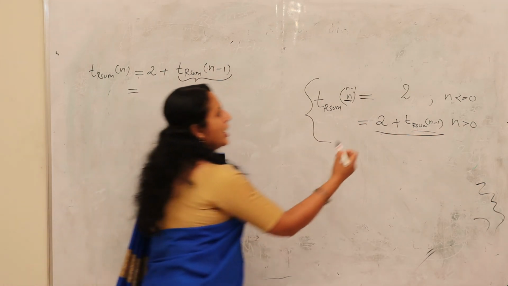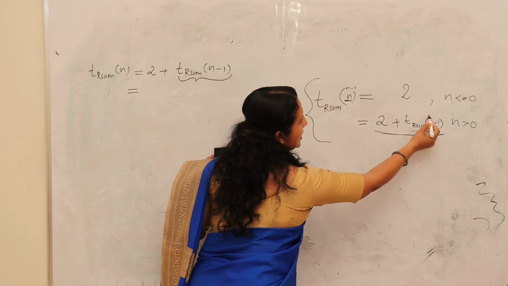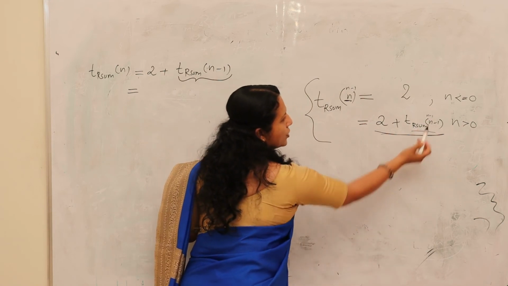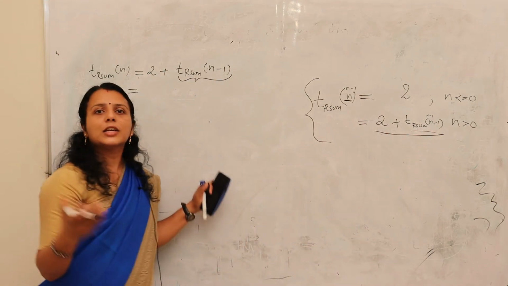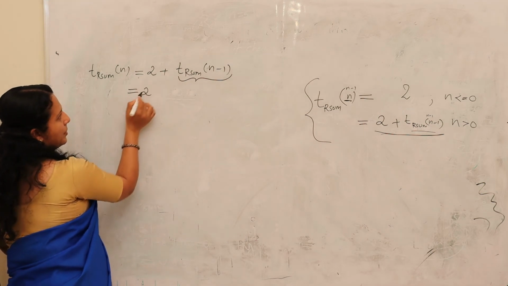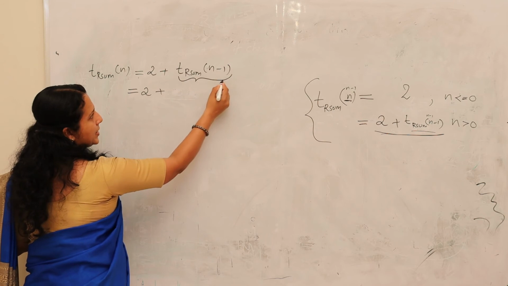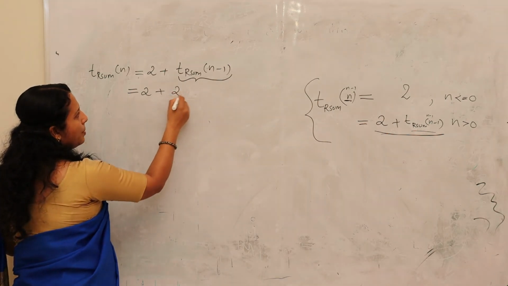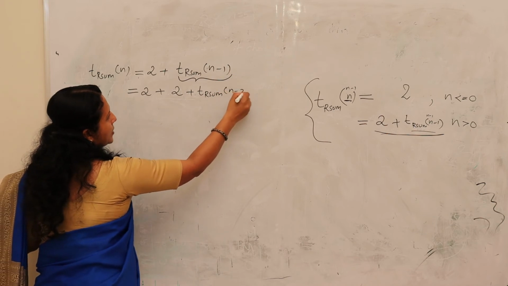You are replacing n with n minus 1. So what is happening inside? n minus 1 minus 1. What will you get? n minus 2. This 2 is the same, and that additional 2. So when you solve this formula, you will get 2 plus TRsum of n minus 2.